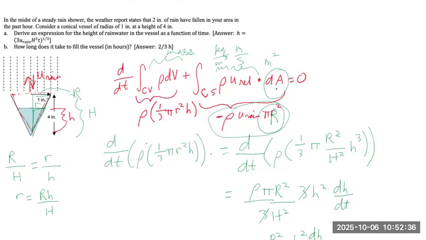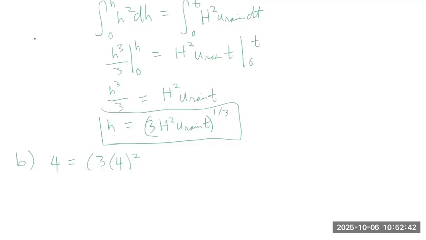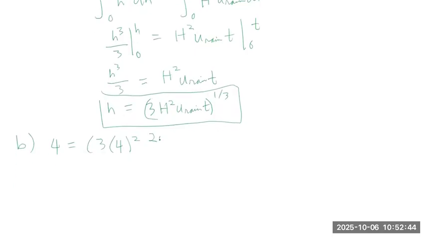Yes. So u rain is actually, it says that 2 inches of rain have fallen in the past hour. So u rain is going to be equal to 2 inches per 1 hour.